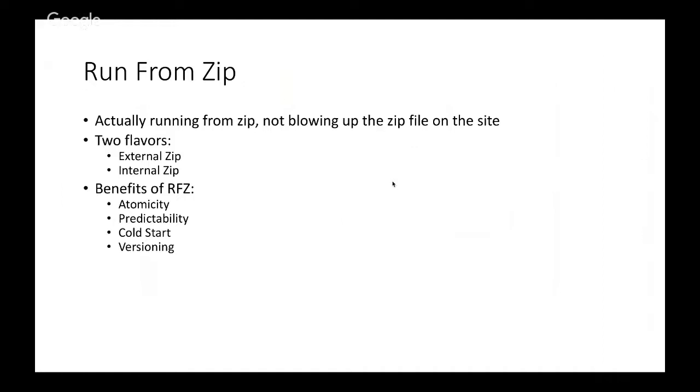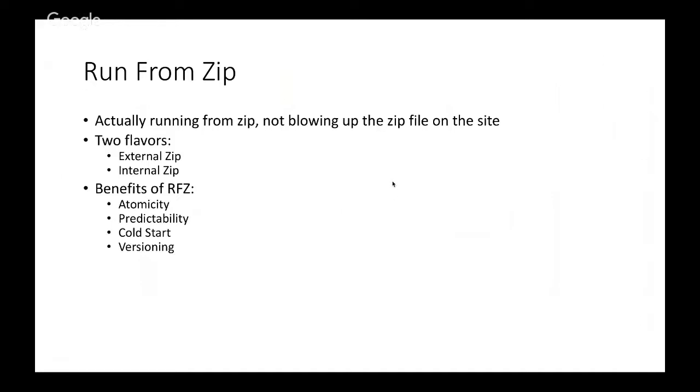Predictability: let's say you have a traffic manager and a function app in multiple different regions, and you want the same deployment to go to different places. Because it's just one file, you can very easily tell which version of your site you're running. That's the versioning bullet I have here as well.